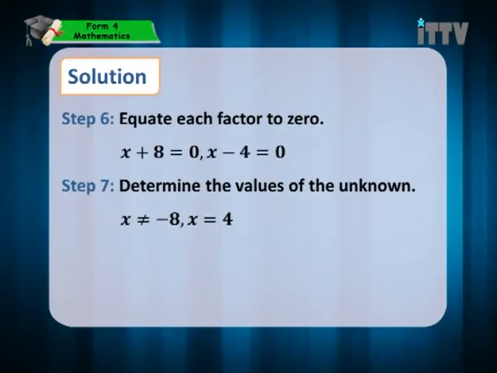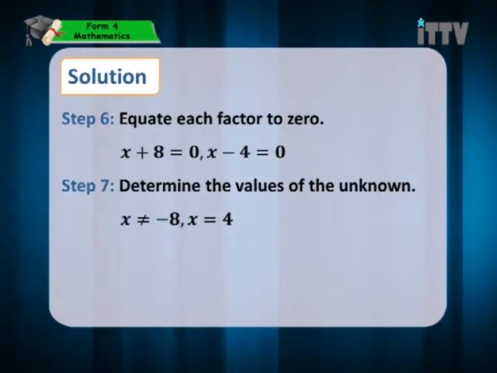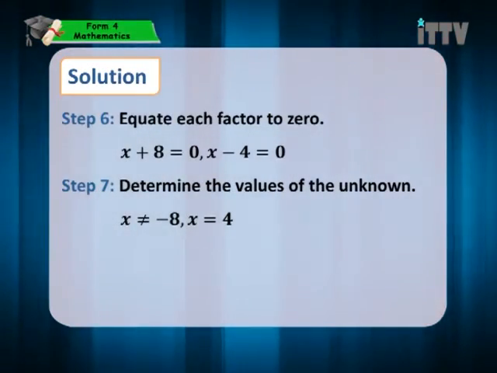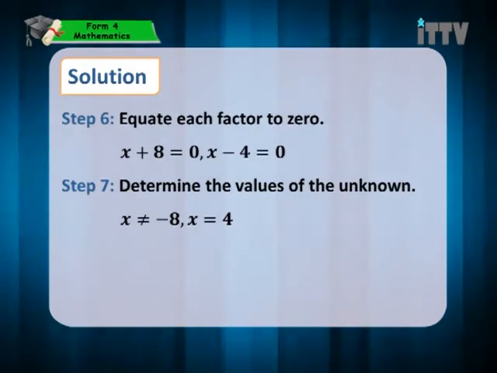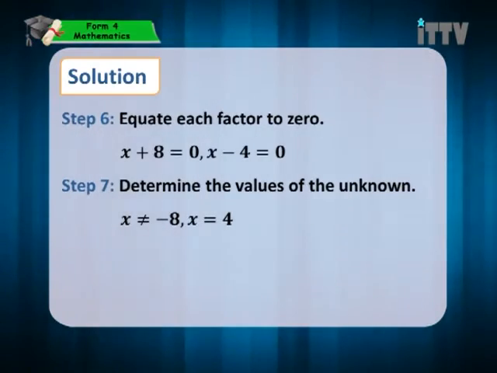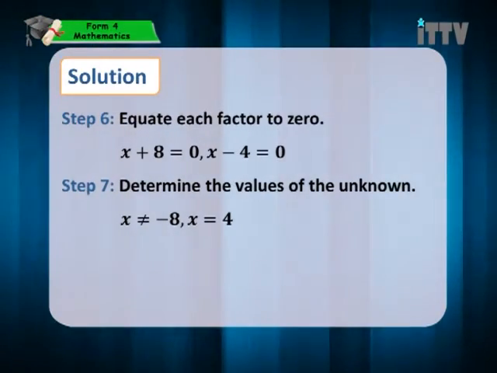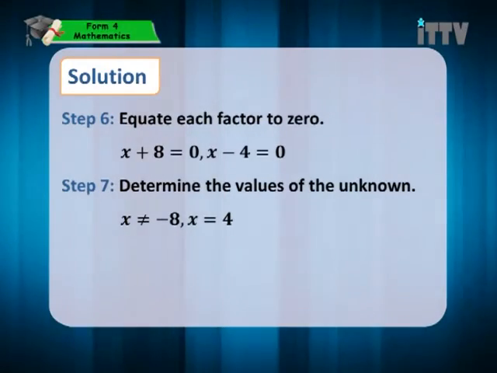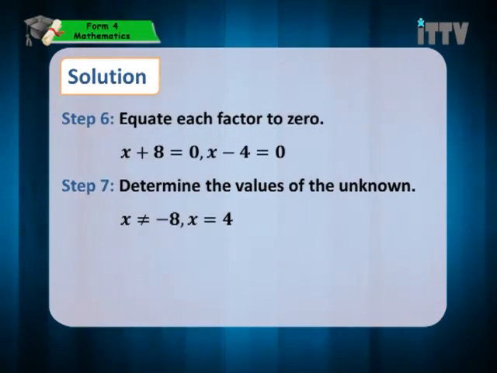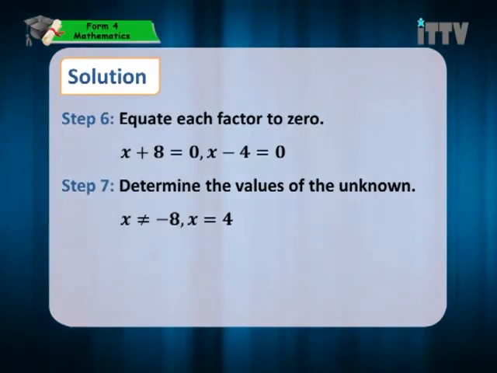In step 6, equate each factor to 0: x plus 8 equals 0, x minus 4 equals 0. In step 7, determine the values of the unknown. So now, x equals minus 8 and x equals 4.